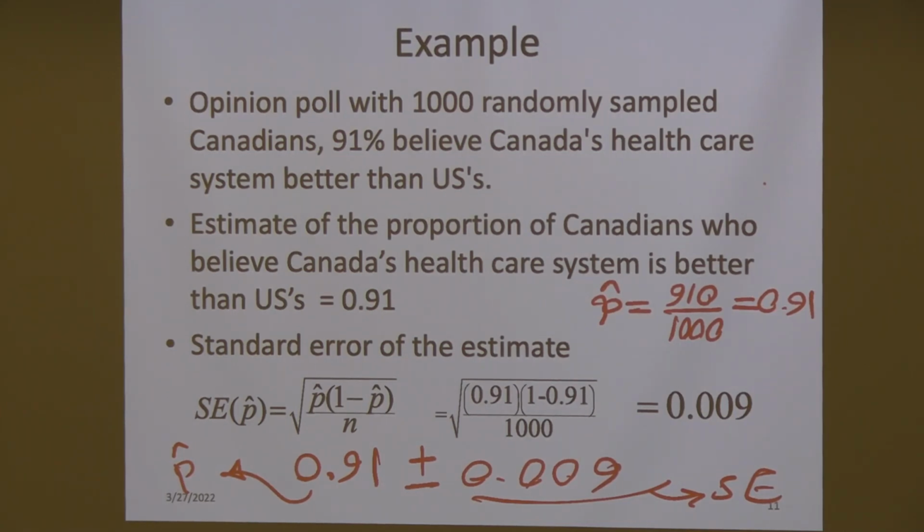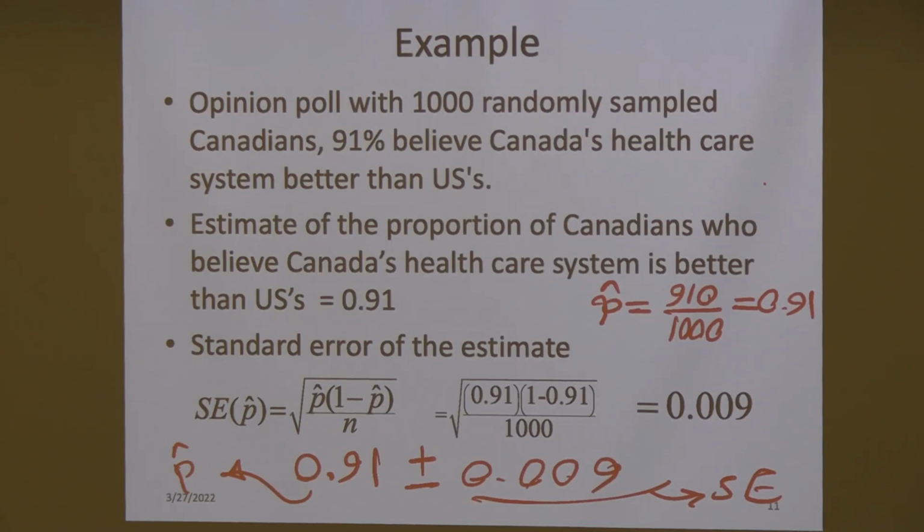The estimate of the proportion of Canadians who believe Canada's healthcare system is better than the US is 91%, right? Because p hat, using the sample that we have, is 91%, meaning that 910 people out of the 1,000 people in the sample believe that the Canadian healthcare is better, right?